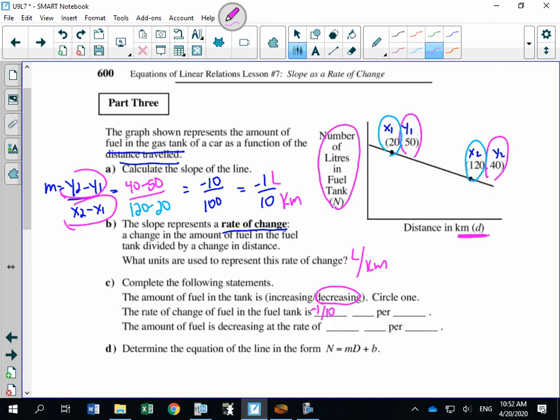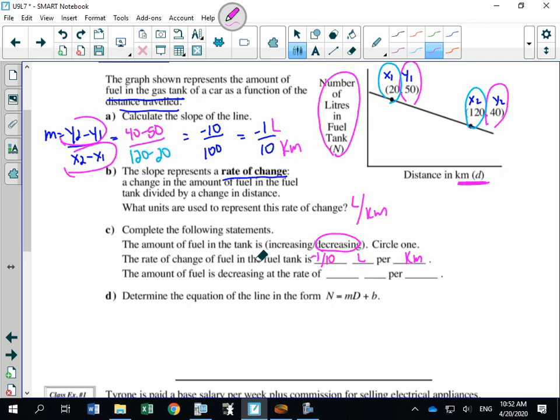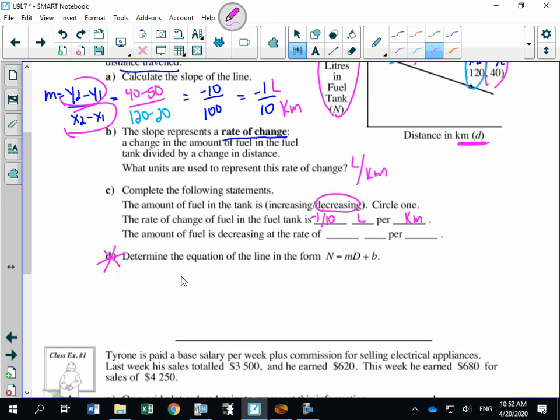So it's decreasing -1/10 liter per kilometer. Okay. Determine the equation of the line, and we're going to actually skip this one. You would use a method called slope point form, and we're actually not going to teach this method in distance learning because you won't use it in 20-1 or 30-1.